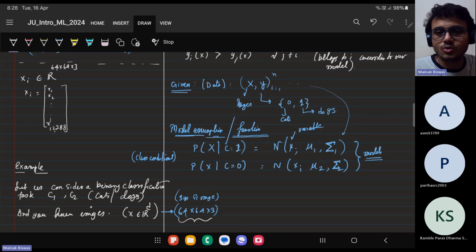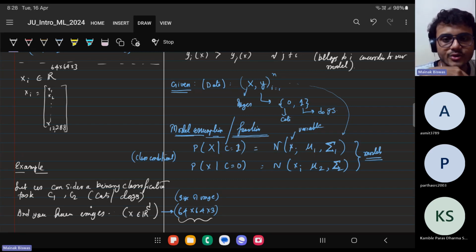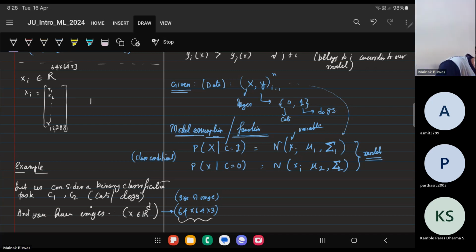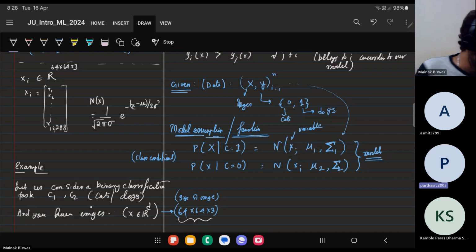So tell me what will be the dimension of mu and sigma. We first have to understand, for a larger dimensional space, what our normal is. We have only studied normal distributions in 1D. We studied the normal distribution of X as 1 by root 2 pi sigma e to the power minus (x minus mu) whole square by 2 sigma square.